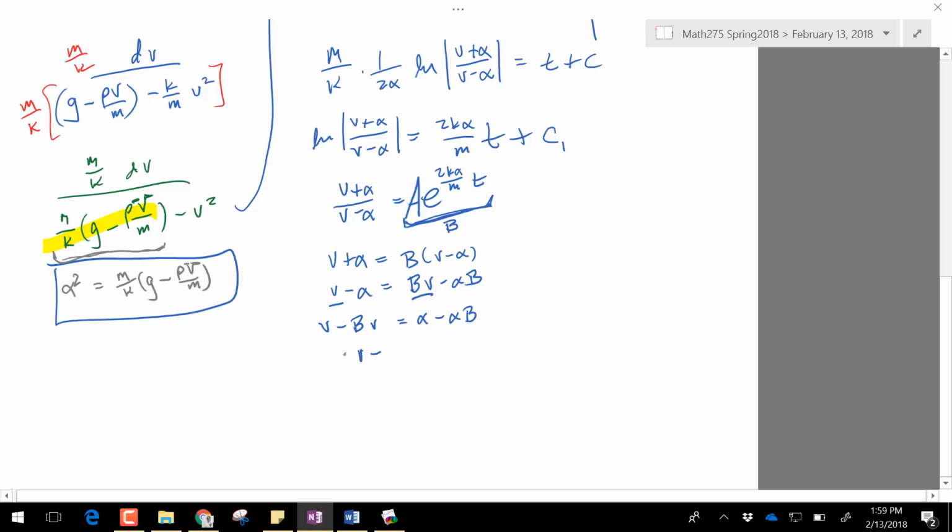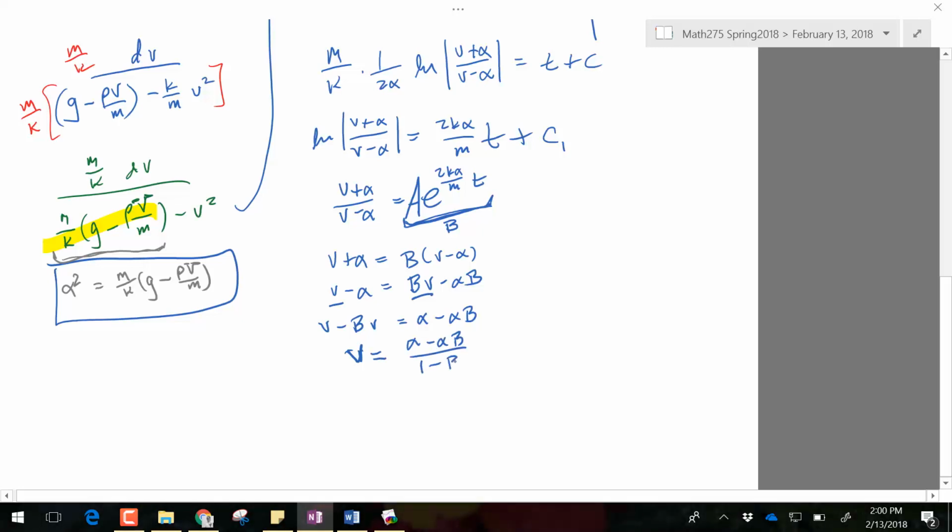So V is equal to alpha minus alpha B divided by 1 minus B. All right, so we get to put in all the other stuff. We need to put in the stuff for alpha and the stuff for B. So we could factor out an alpha here.